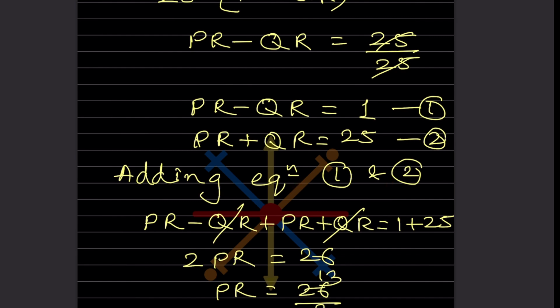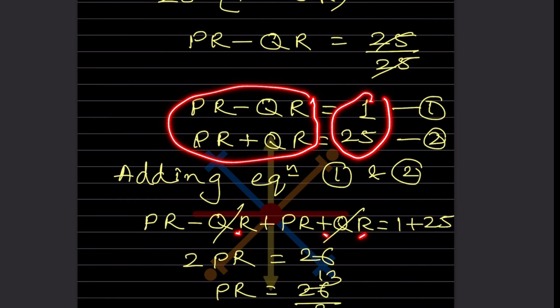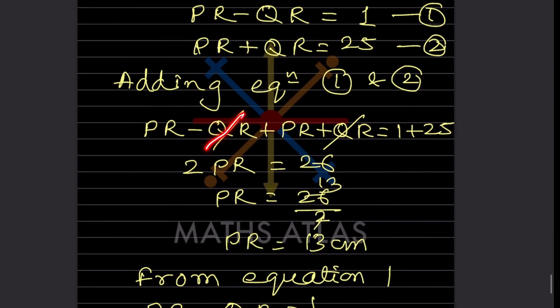On the left side, PR minus QR plus PR plus QR, and on the right hand side 1 plus 25. So what happens here? Minus QR plus QR gets cancelled. This plus this is going to be 2PR. 2PR is 26. So now 2 into PR is 26, so PR will be 26 divided by 2.